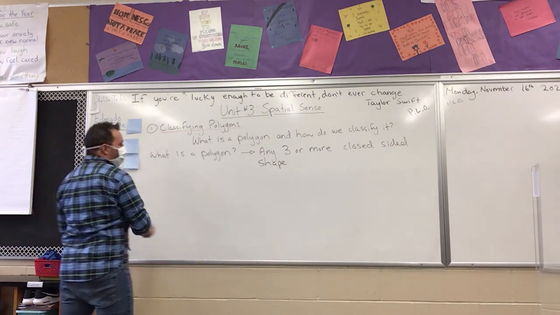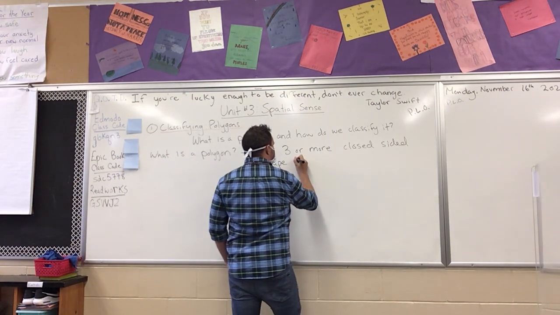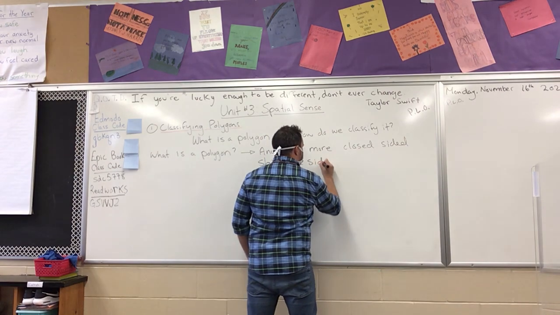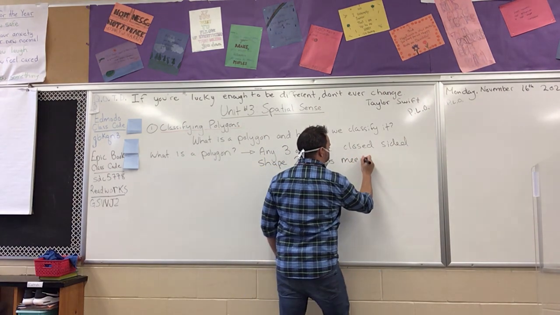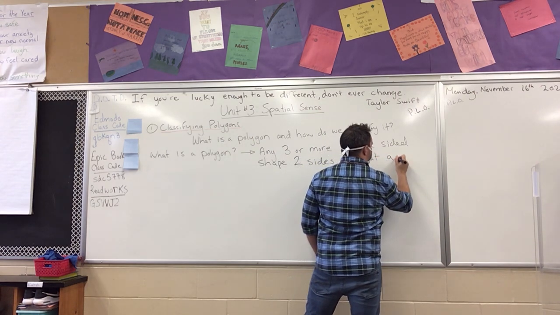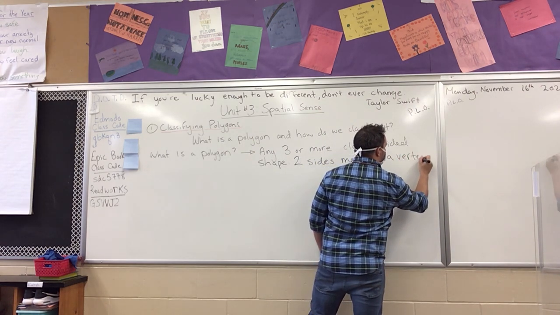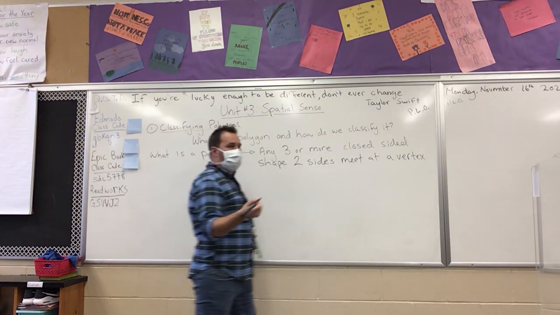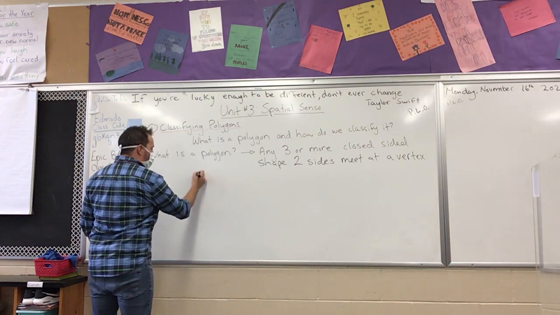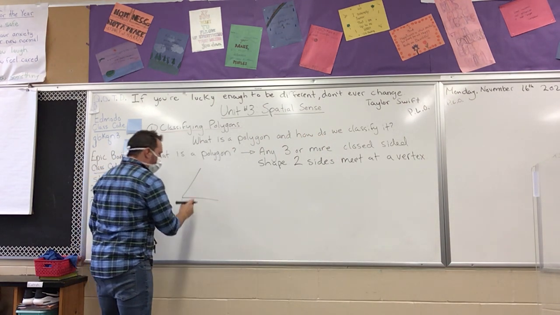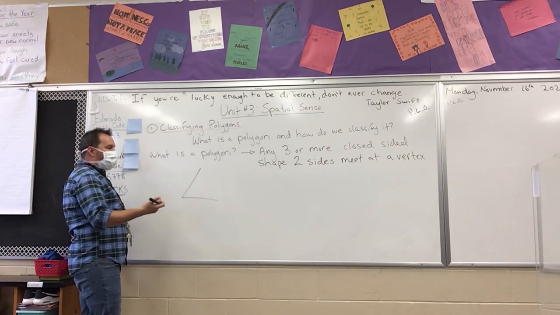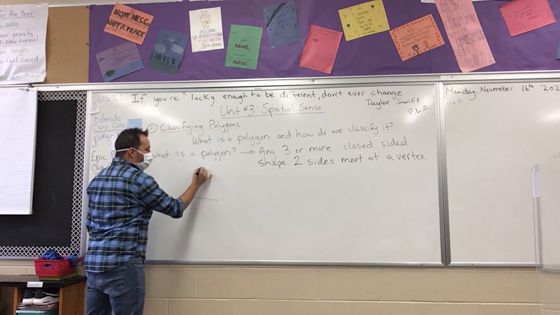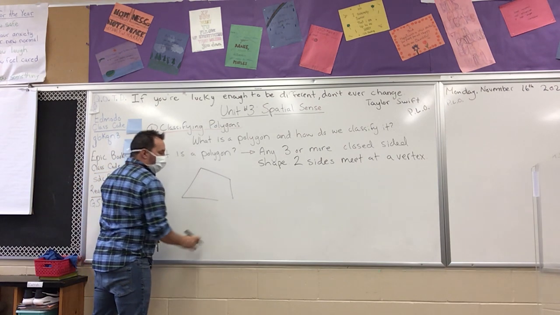We say that two sides will meet at a vertex. What's a vertex? A point. Yeah, so two sides are meeting at a point. When we just have angles, we still have two sides meeting at a point. But in a closed-sided shape, you can't have things like this, right?